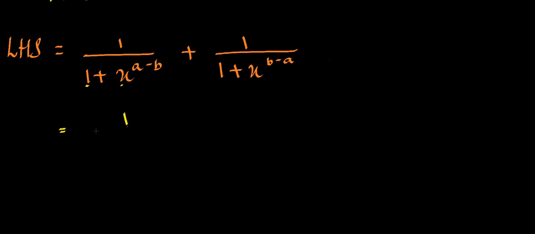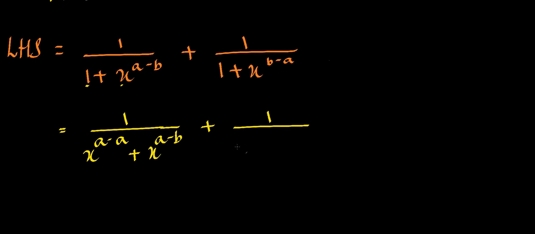So we will say 1 upon x raised to a minus a. Now why a minus a? Because if you see, a minus a is nothing, 0. And x raised to 0 is equal to 1. So that is why we are saying a minus a plus x raised to a minus b, plus 1 upon, again, here we will say x raised to, what are we going to say over here?